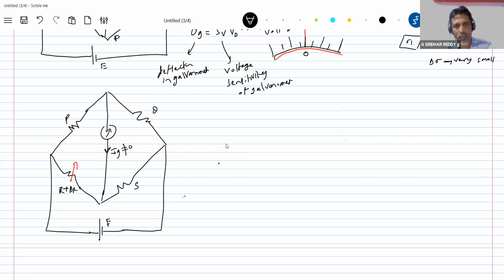And next, what is that V naught? I should give you the condition for V naught. So what I do is, I'll pick up a galvanometer of high resistance. If it's a very high resistance, then how do we replace the high resistance? I'll replace the galvanometer with an open circuit.